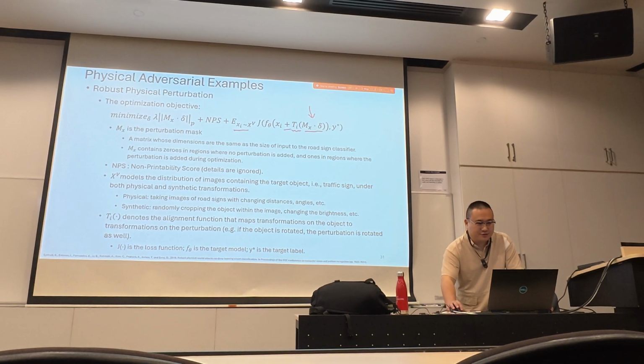So we also use the addition to add the perturbation to the traffic sign. And then we just do the normal procedure where we generate target attacks. We just minimize the loss function by using the target label. And then we just calculate. So we just solve the minimization problem to generate the physical attacks.